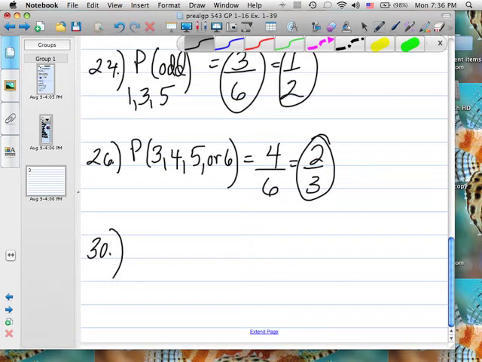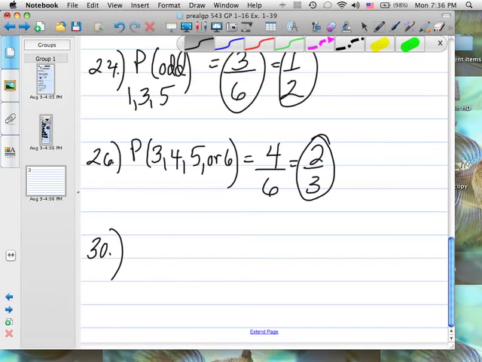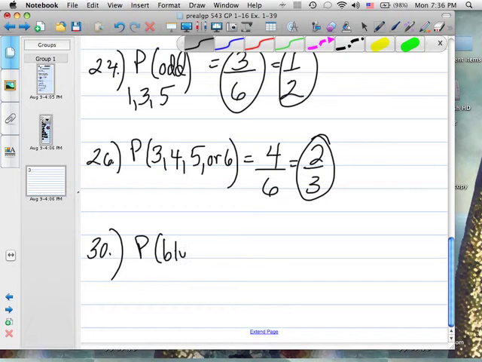And problem 30, the bag shown at the right contains 3 red, 6 blue, 4 white, and 3 green marbles. 1 marble is selected at random, that is purely by chance, find each probability. So the probability of getting a blue, you're looking at your book.